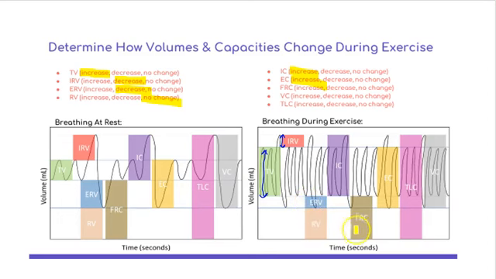The FRC, or the functional residual capacity: because the ERV has decreased, but the RV is the same, FRC should be decreased. Vital capacity does not change. The amount of air that we can deeply and normally breathe in and out during exercise and at rest should be the same. There is no change.